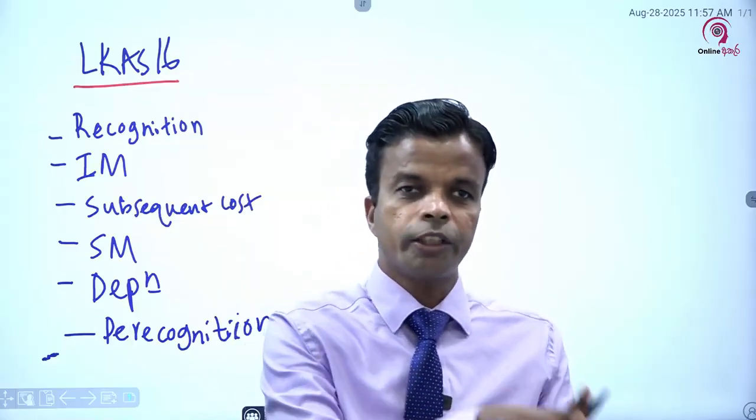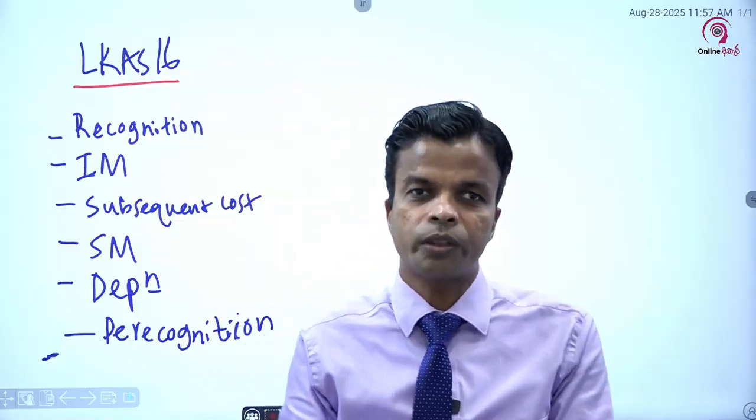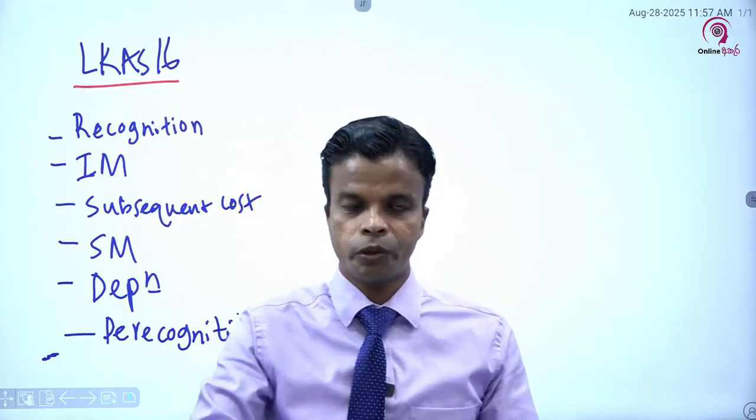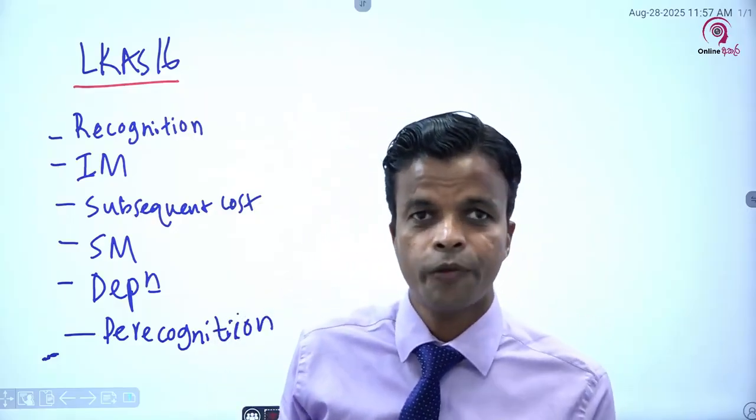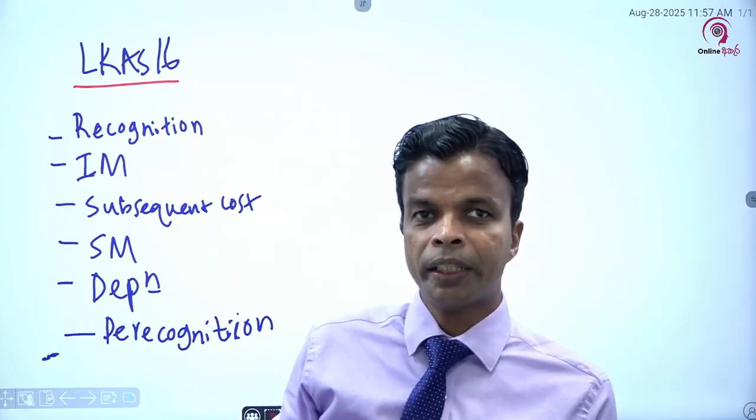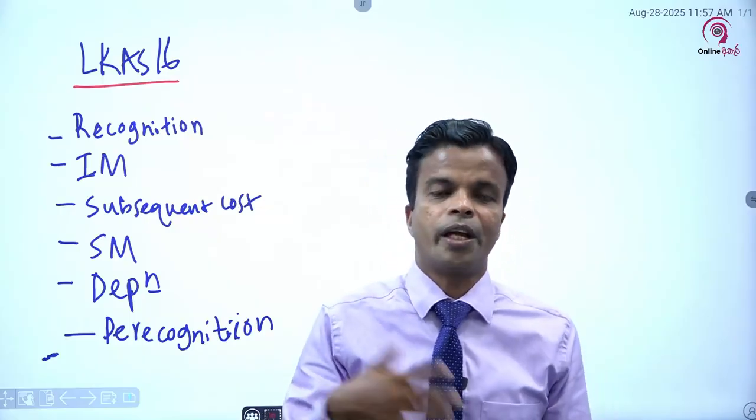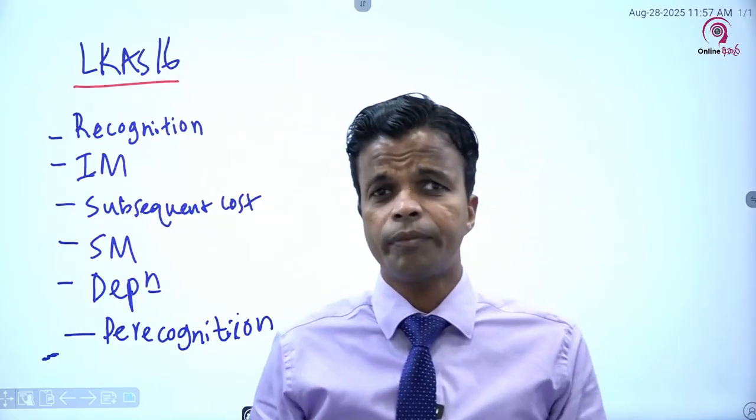So one is it should facilitate production of goods or services, or your administration purpose, or any other business related activities, your core business, and you're expecting to use those assets more than 1 year. So that is the kind of definition of PPE.